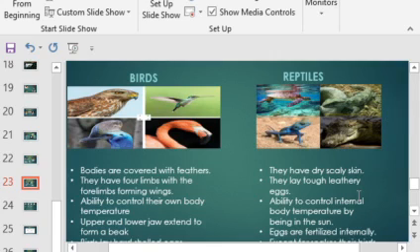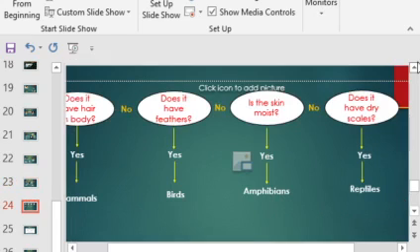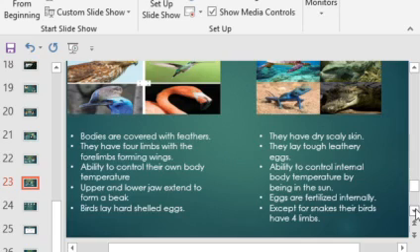They lay tough leathery eggs. So while they lay tough leathery eggs, you have birds with hard shell eggs and amphibians with soft jelly eggs. They are only able to control their internal body temperature by being in the sun, and eggs are fertilized internally.